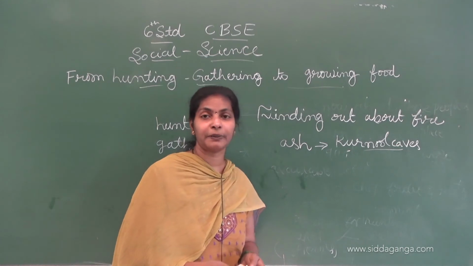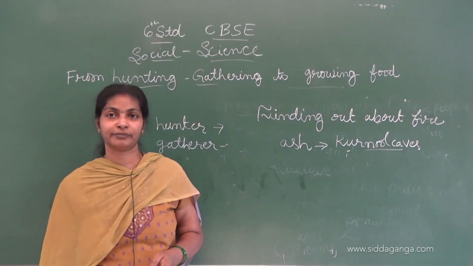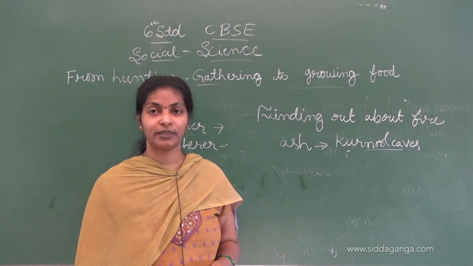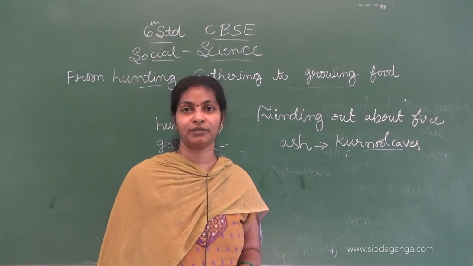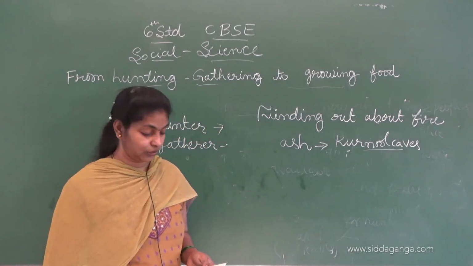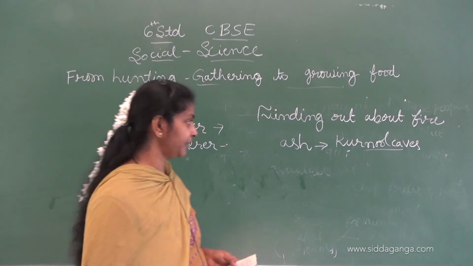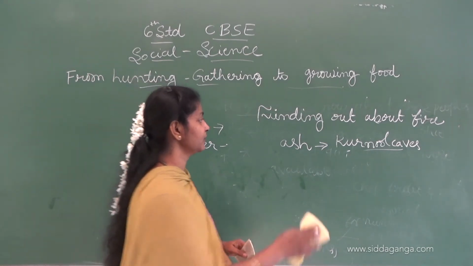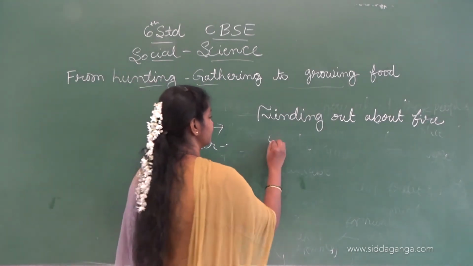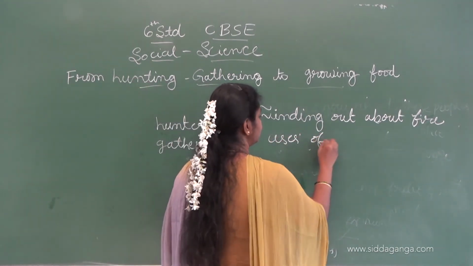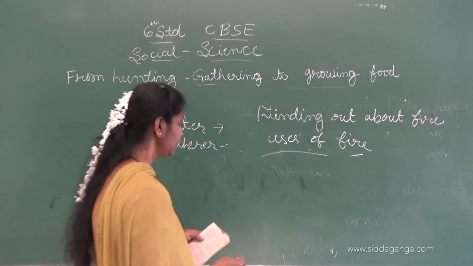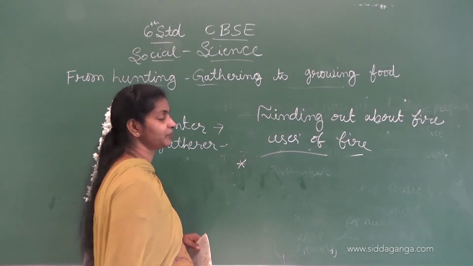Okay, for what purpose did they use the fire? How did they use the fire? Let us learn about that. Uses of fire. They took many uses from the fire.